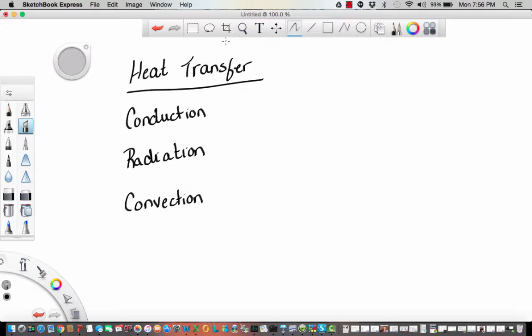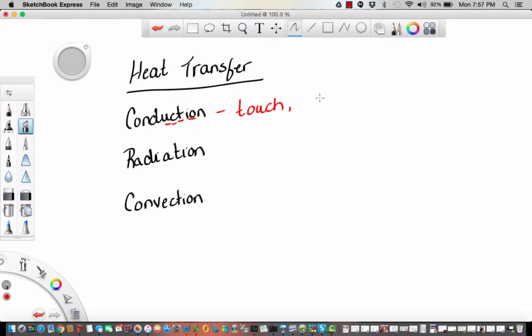What I like to remember on these three is that conduction has basically all the letters of touch. It's got the T, the C, the U, the O. So that's heat transfer by touch.